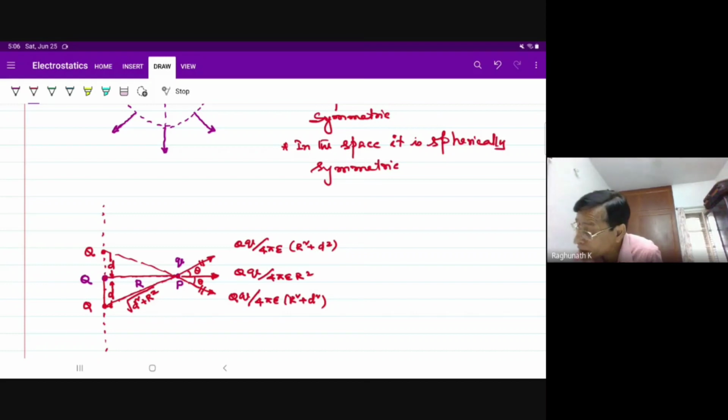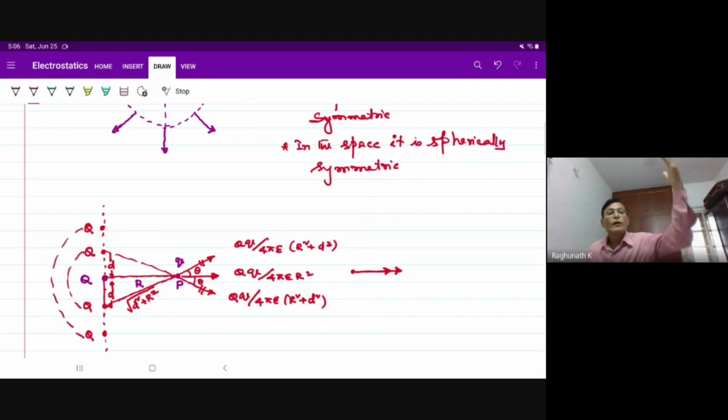Net force is first one, second one. Listen carefully. If I continue to do this, one set of charges, one below, another above, another set of charges, other set of charges.